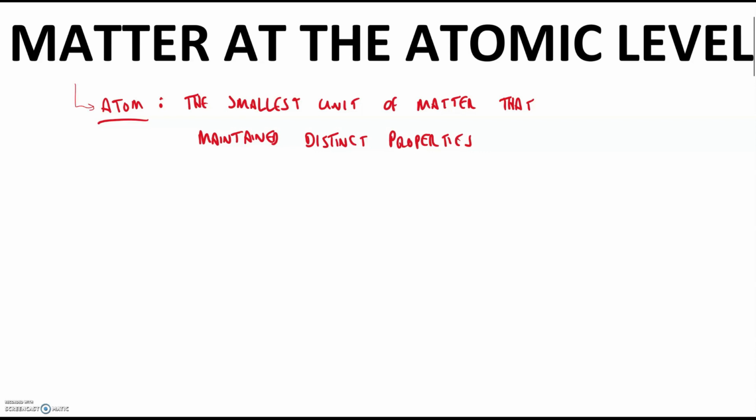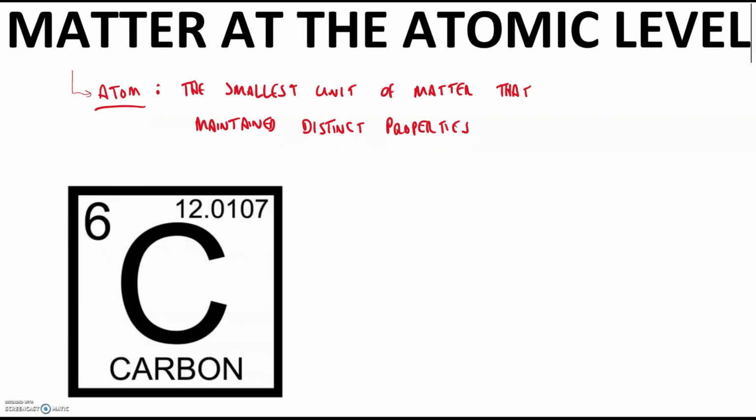So let's start off with one of the more common elements that is relevant to life as we know it. This is carbon. We will spend more time discussing what all of these numbers mean, but carbon is one of 92 elements that appear on something called the periodic table, and that looks like this.